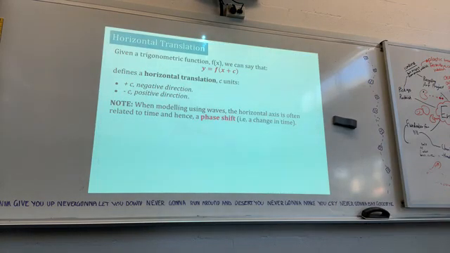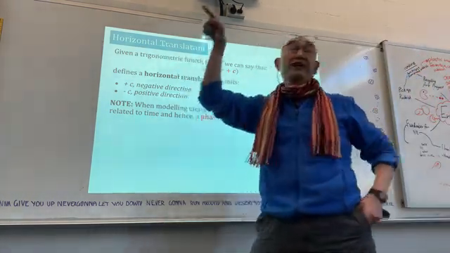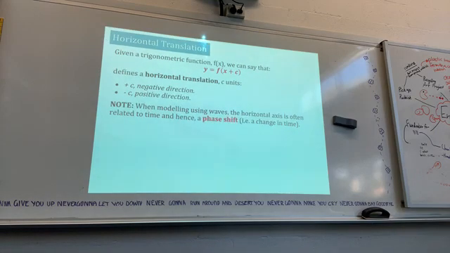Now, let's think about the horizontal translation. Given a trigonometric function, f(x), we can say that y equals f(x) plus c, correct? It defines a horizontal translation, c units. Plus c is in the negative direction, moving that way. All right? Moving that way.